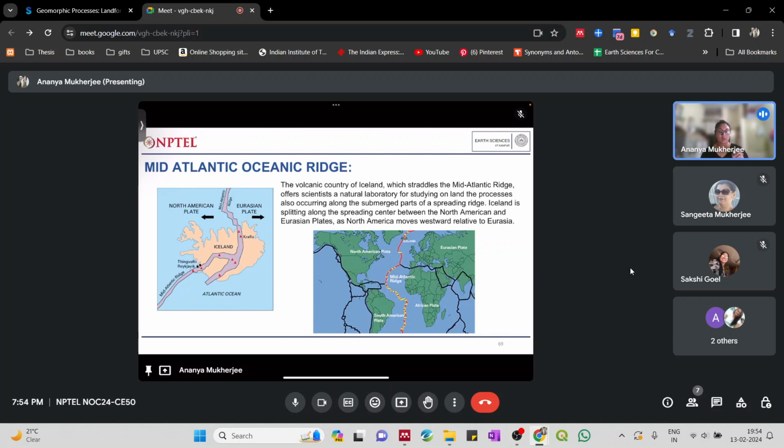So, Iceland as a whole is actually situated on top of this mid-Atlantic oceanic ridge, and Iceland itself is kind of breaking apart due to this divergent plate boundary movement. So, over here you can see that this entire stretch of feature is actually the mid-Atlantic oceanic ridge, and Iceland falls right on top of it.